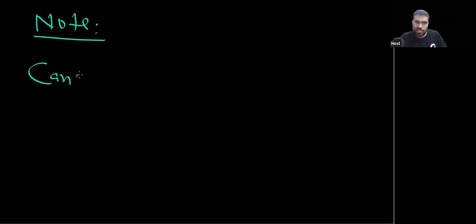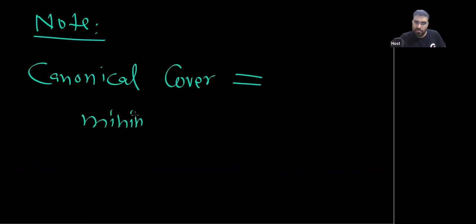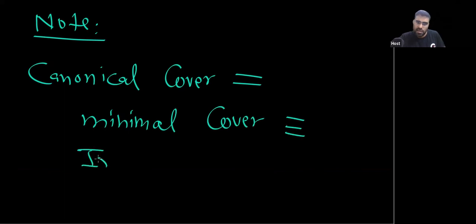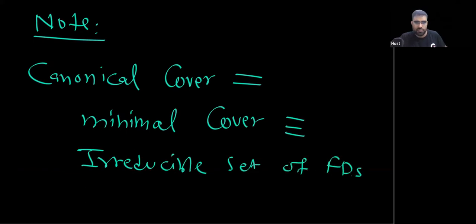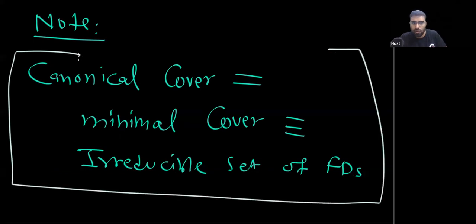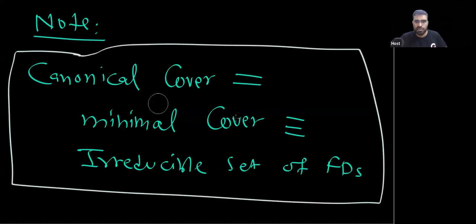Another conclusion: canonical cover, minimal cover, all these things are the same. Canonical cover is the same as minimal cover, the same as irreducible set of FDs. All these things are the same. Please tell me, understood?